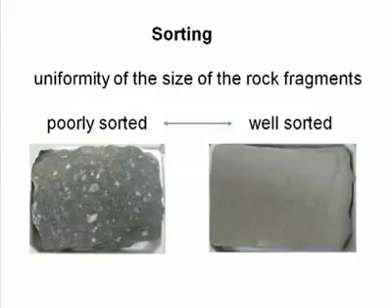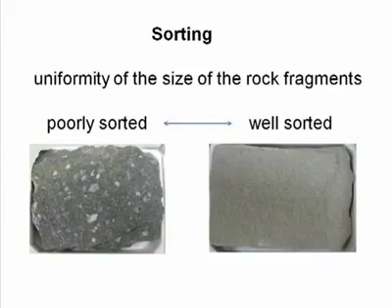The fragments that compose sedimentary rocks are also examined to see the uniformity of the particle sizes. This concept is referred to as sorting. As the energy environment or speed of the water transporting the particles decreases, the size or density of the particle that is dropped will decrease.